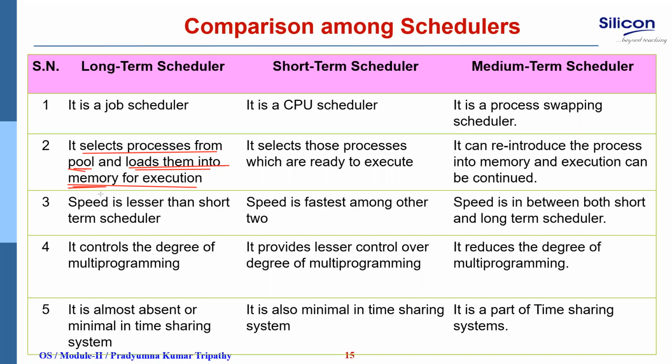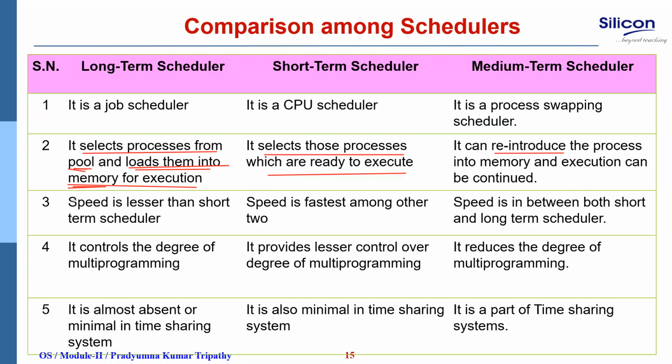What does the short-term scheduler do? It selects those processes which are ready to execute. That means among the ready queue it will select a process. But here the swapping will occur, so it can reintroduce a process into memory and execution can be continued.